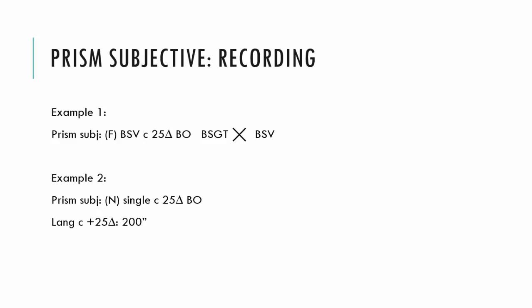And finally, performing a Prism Subjective, or any test that tells us about the potential for binocular functions, gives us information about the history of this patient's strabismus. So if we go back to that earlier example where I said a 20-year-old comes to your clinic and presents with a sudden onset esotropia, if you found that the patient had the potential for BSV, then it supports that this is new and it supports the presentation of a sudden onset.